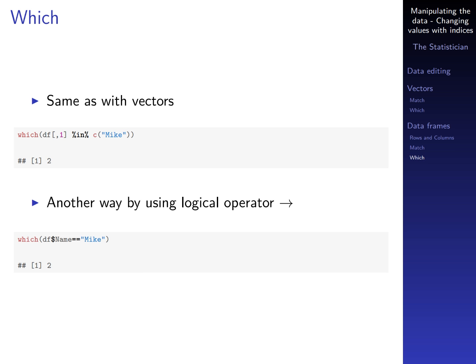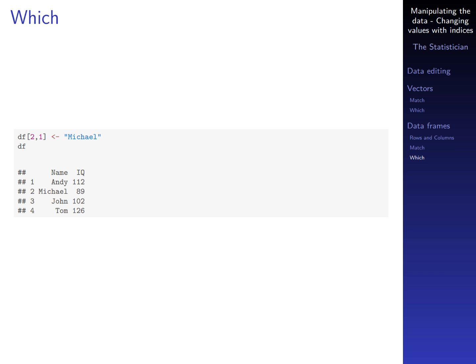So in this case we ask which index number returns true for column name, that is Mike, and it gives index number 2. And thus we can easily change that index position to column 1 to my column.